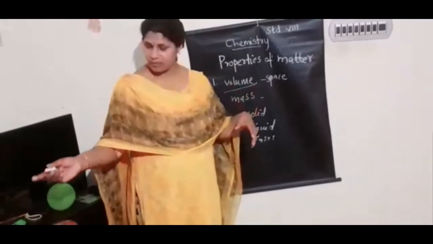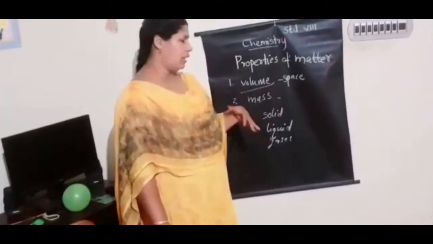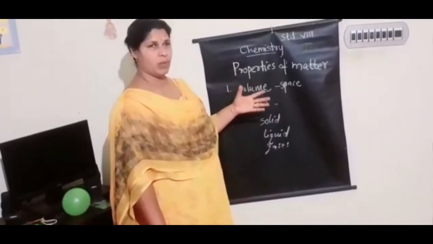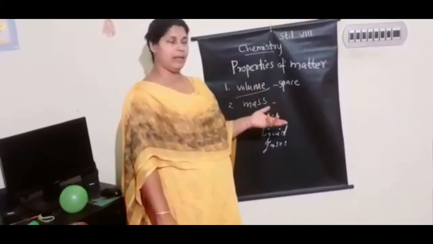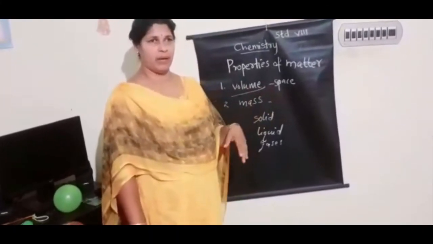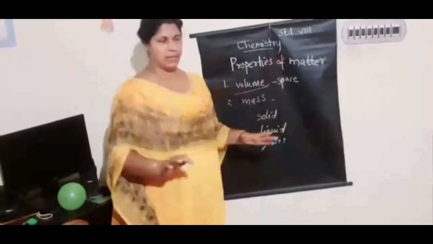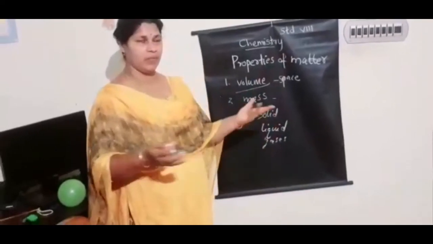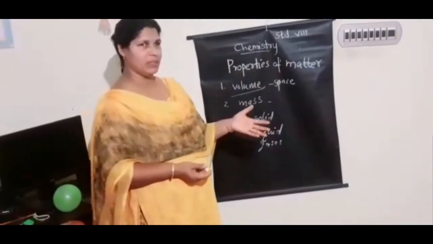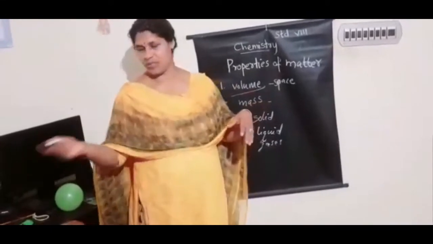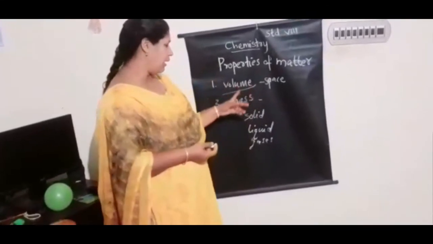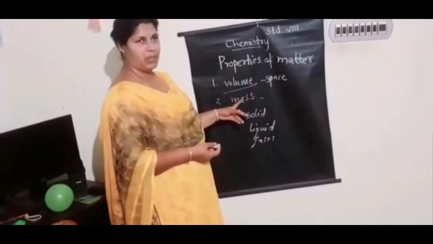We have seen from this small experiment that air has some mass. We cannot feel any mass of air. There is air around us. We don't have any such feeling. But we have seen from this experiment that air has got some mass.